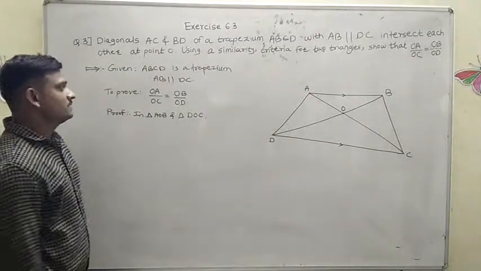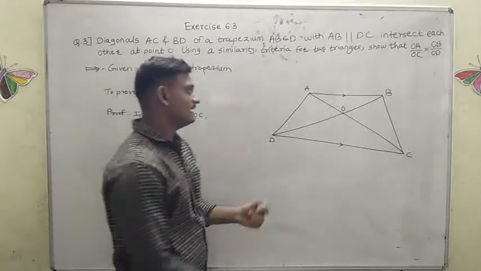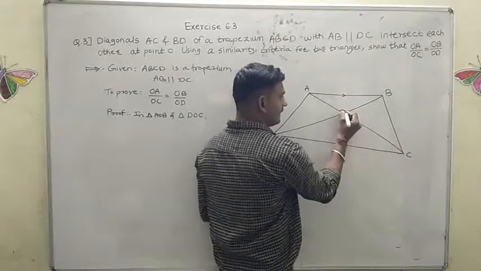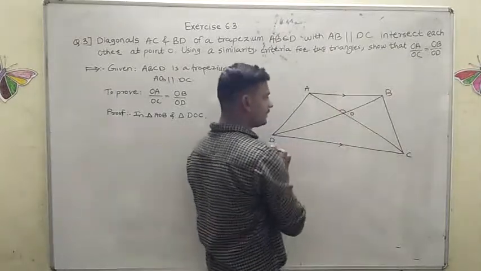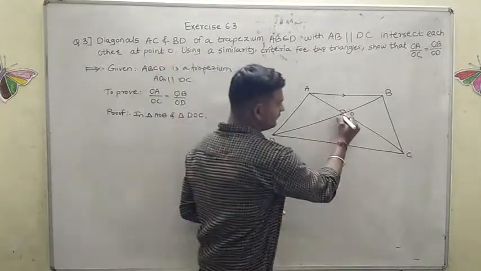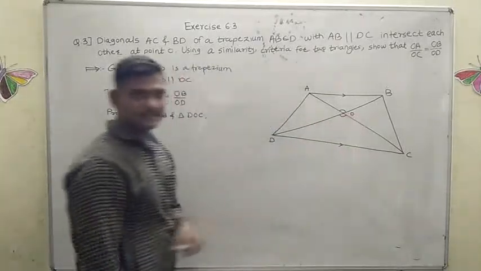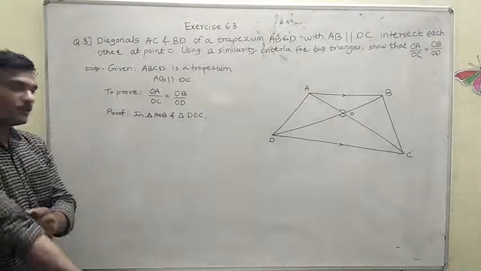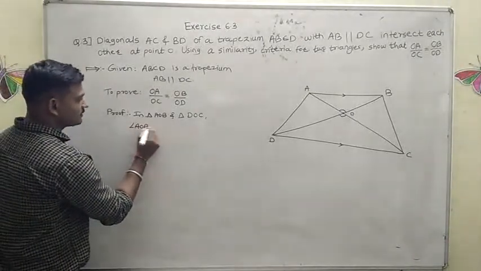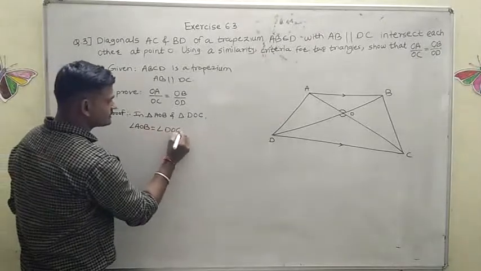Check in these two triangles what we know. Can I say that angle AOB is equal to angle DOC? Why? What is the reason? These two angles are vertically opposite angles.